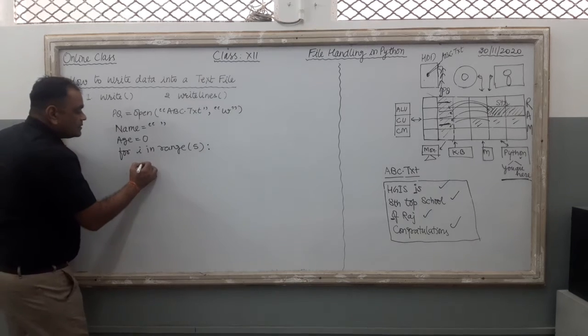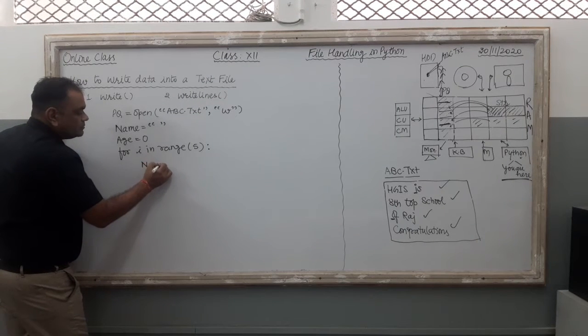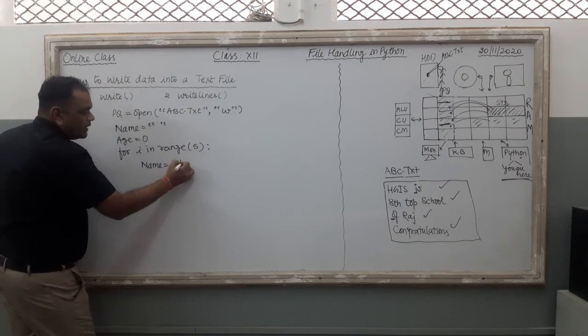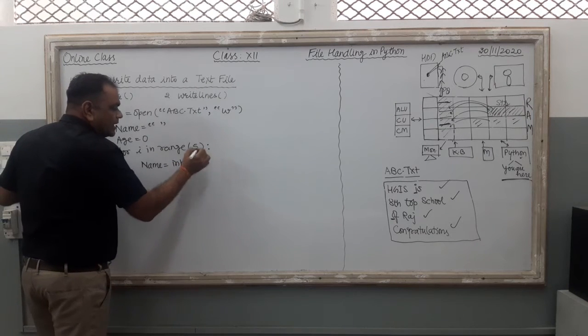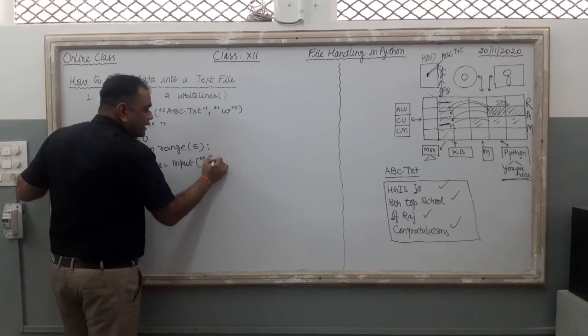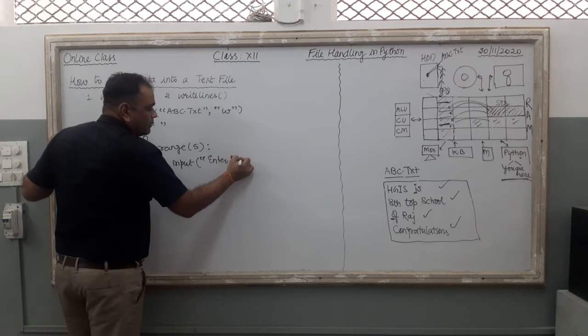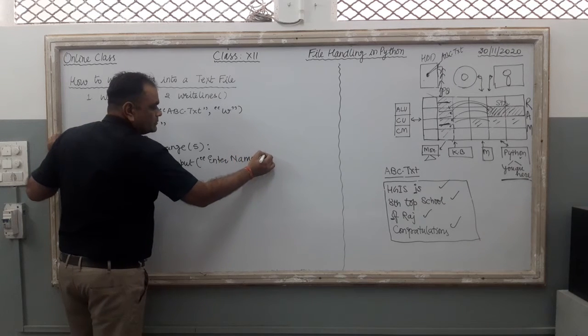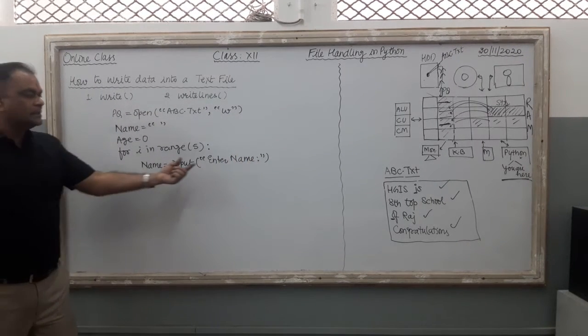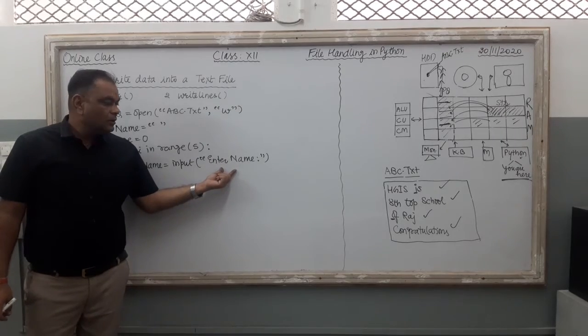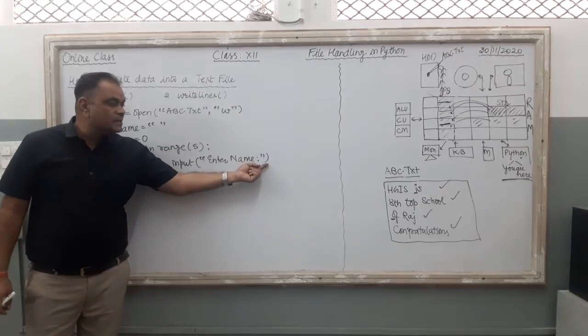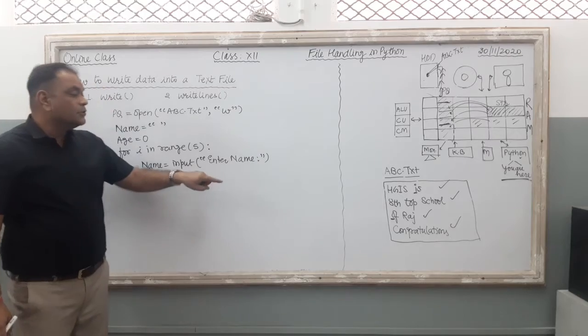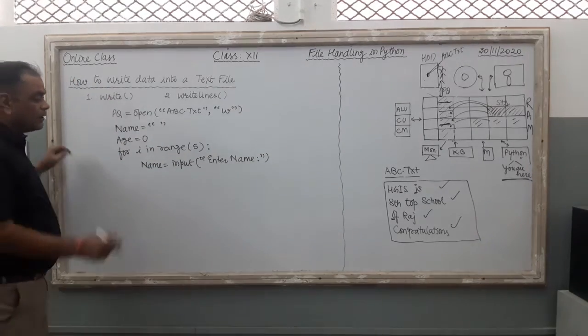Now here, just write this one, name equal to input. Input is the command by which you can take the input from the user. Input, enter name. Right? This message is there on the screen, and just after this message cursor is blinking, means user is going to input the name of the student.